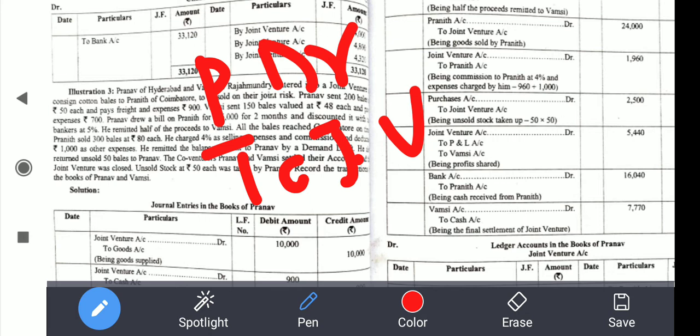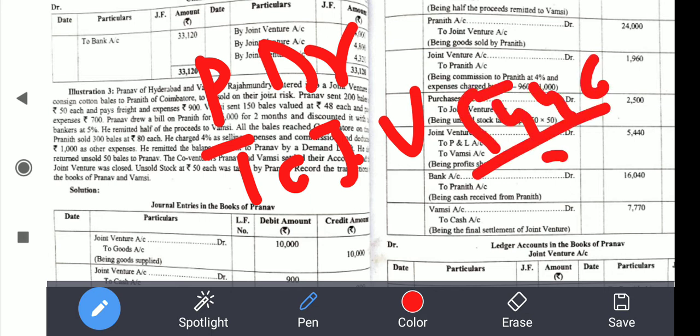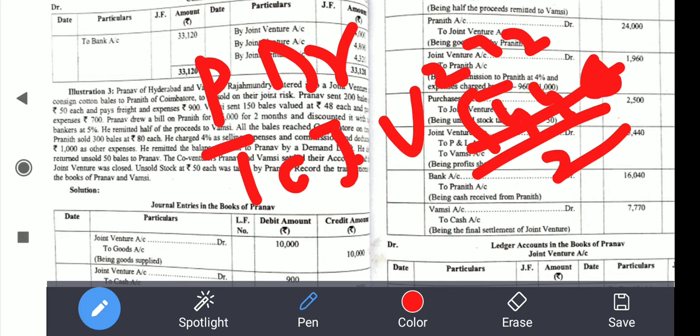Half of the amount: 5,440 by 2 is 2,720. This should be transferred to the profit and loss account, and likewise to the other co-venture, Vamshi account.